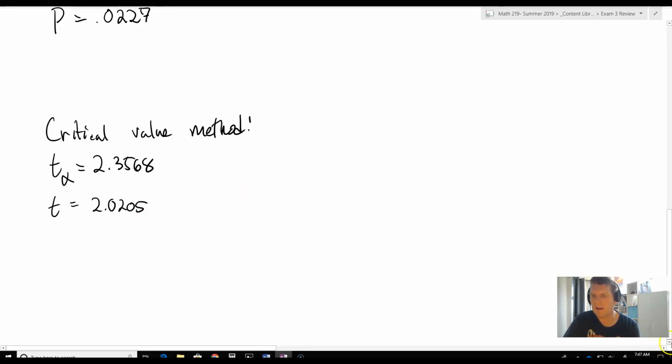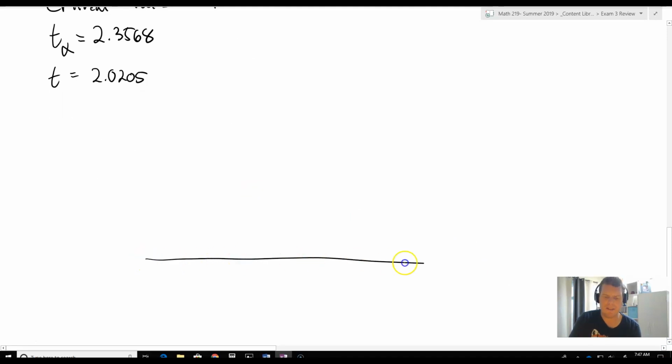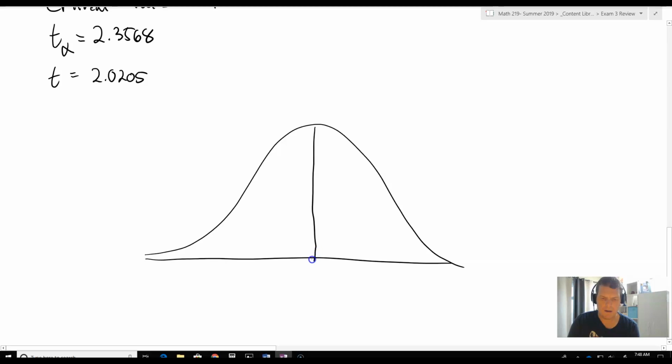Now, when I construct my distribution to give me an idea of what this looks like, I'm going to have 2.5 right here, and notice that we have the greater than. Here's my t alpha, which is equal to 2.3568. In fact, it's probably even farther over, but here's my t value, t is equal to 2.0205.